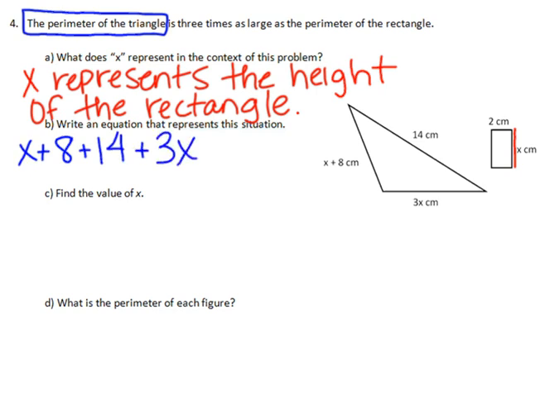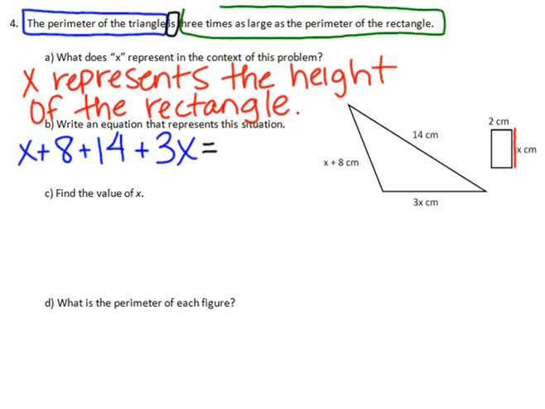Okay, keyword is, that's going to be our equal sign. And the last piece, 3 times as large as the rectangle. So I'm going to do 3 times the perimeter of the rectangle, which when simplified would be 2x plus 4. So this is the equation that I'm going to be solving.